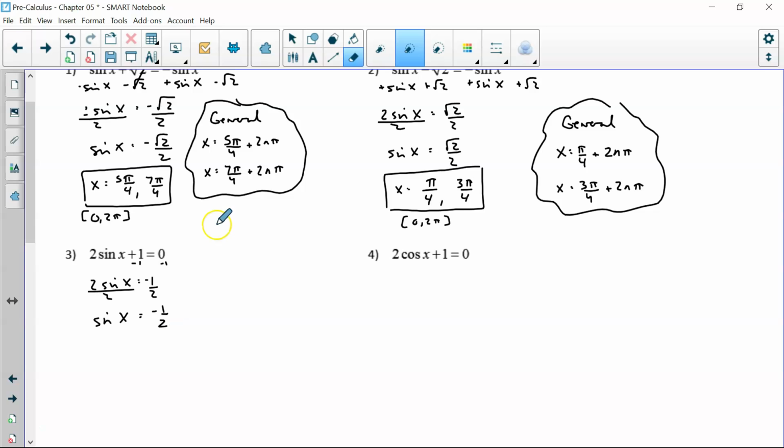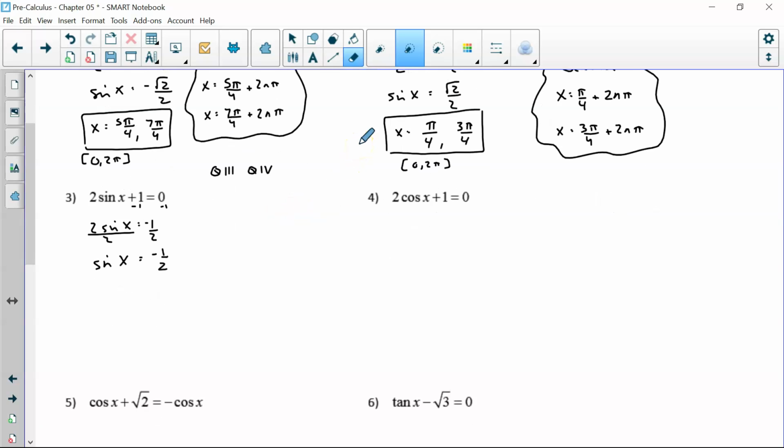Once I see sine being negative, I know I'm looking in quadrant 3 and quadrant 4. All right, so now, when the sine is 1/2, that's when our angle is going to be pi over 6.